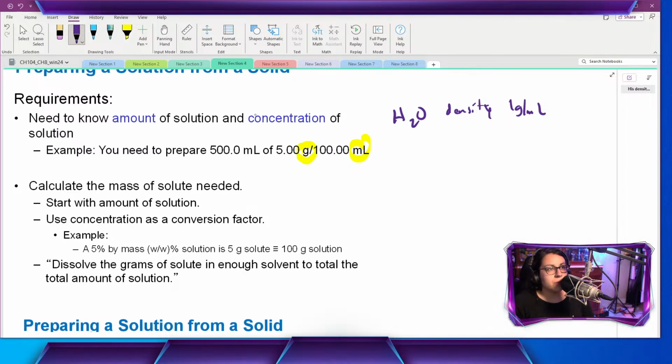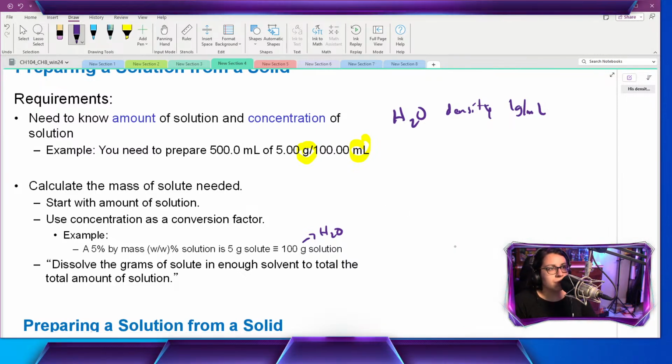Another way to say this would be a 5% weight per weight solution, which would be 5 grams per 100 grams of water. And 100 grams of water is still 100 milliliters of water. Note that if you had a solvent with a different density, you would have to convert from milliliters of water to grams of water, or again, whatever solvent.